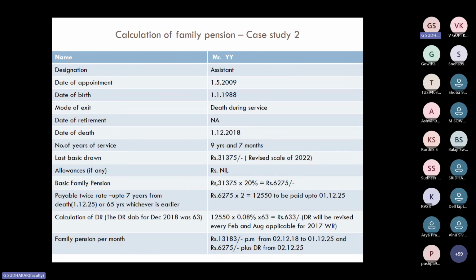Okay. Major penalty means on seeing the charge sheet itself, the charge sheeted employee comes to know whether it is a minor penalty or a major penalty. The disciplinary authority will issue the charge sheet under a major penalty order, and they will mention it, like major penalty charge sheet.